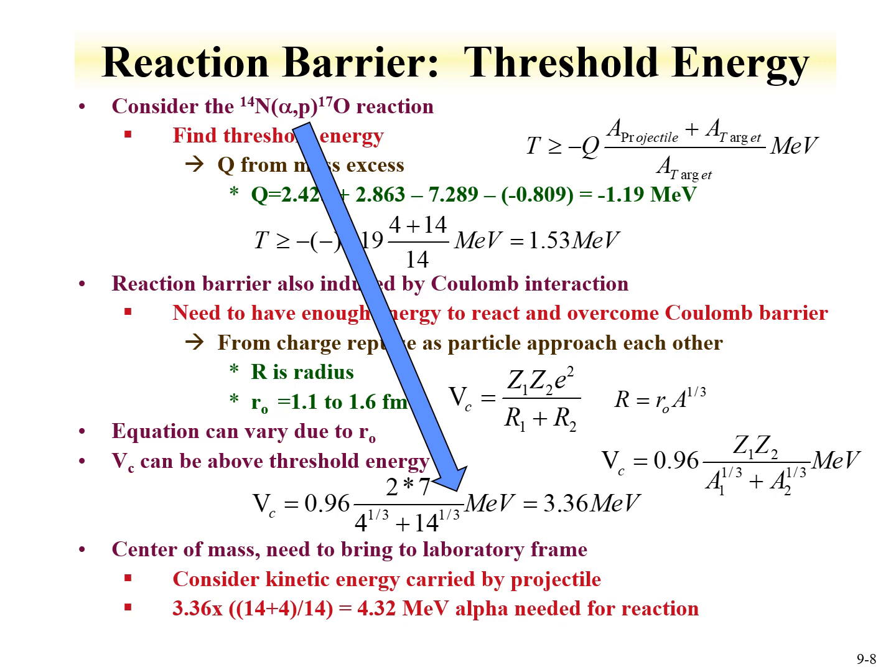This is a center of mass equation, and we need to convert this into a laboratory frame, so we multiply the terms by the ratio of the projectile plus target divided by the target, and we see that what's needed in the laboratory is an alpha particle with an energy of about 4.3 MeV for this reaction to occur, which is what Rutherford was able to see.